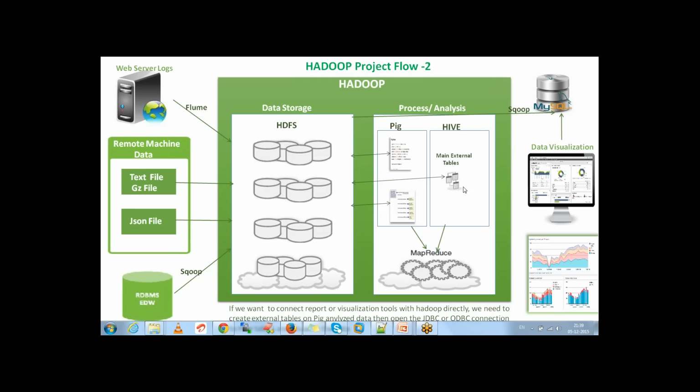External table means we are not loading any data newly. Whatever data is there from Pig, the external table will point to what Pig wrote into HDFS, and that way it can be pointed to the visualization tools. Like that, we can visualize the data.